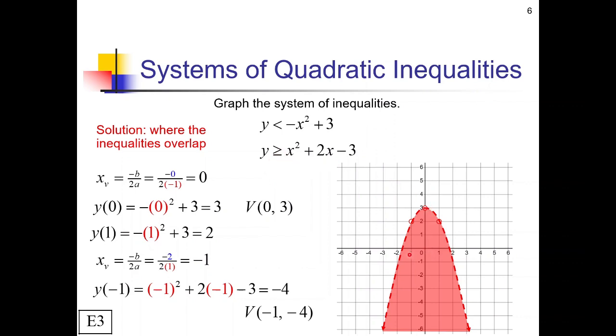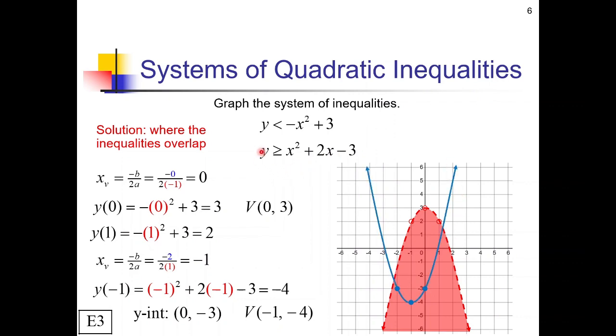So negative 1, negative 4, solid dot right there. We have a y-intercept of negative 3 that's different from the vertex, so I can put that on there. 0, negative 3 right there. And then reflecting that, we get negative 2, negative 3. Solid line through solid dots. There is our second parabola.